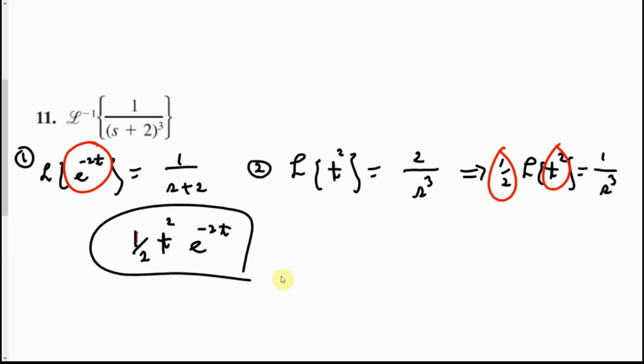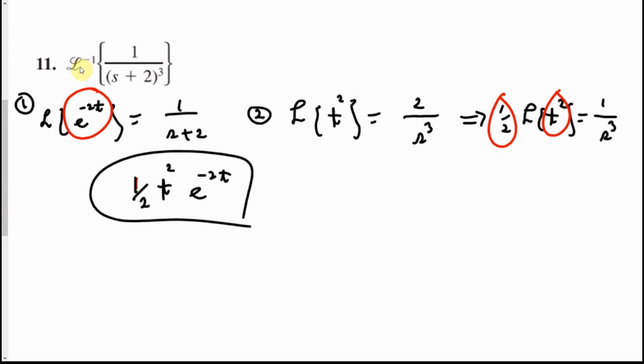And that's it. Now how do we get that? Well, remember, this is the inverse. So this is the inverse of this original function, which is t squared. You have that guy operating in there, and so we're looking at the inverse of 2 over s to the third, but you don't have a 2 there, so that's why that's going to become a 1/2.